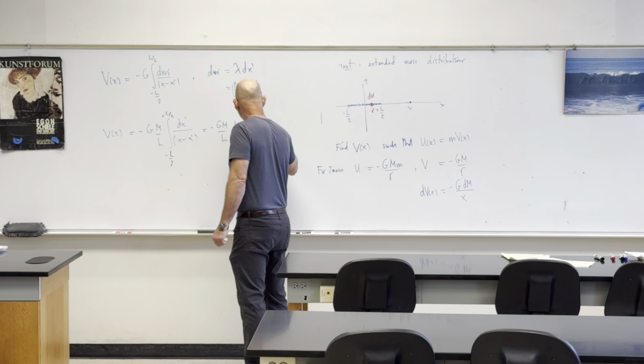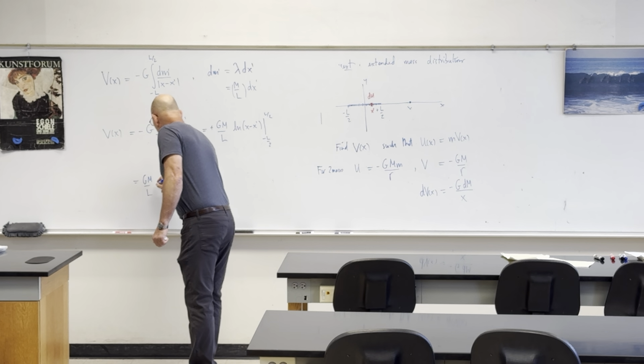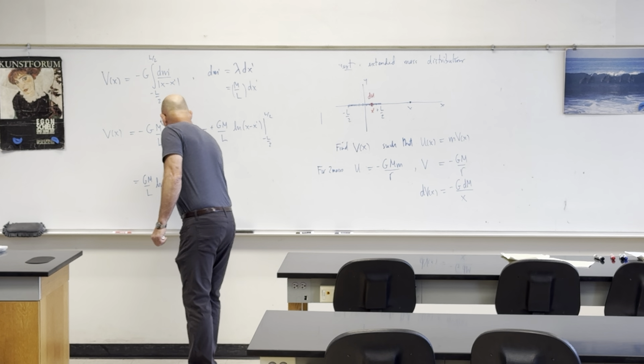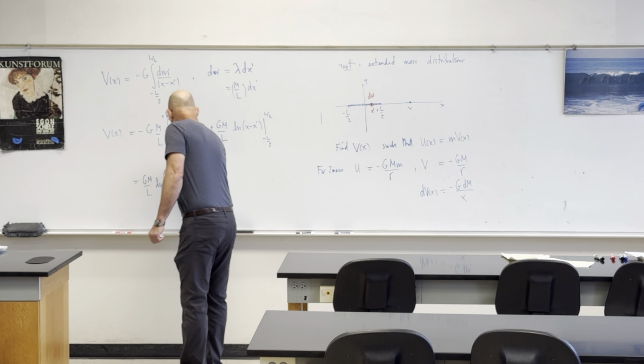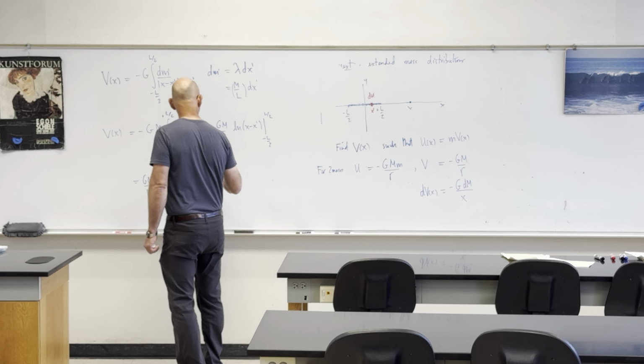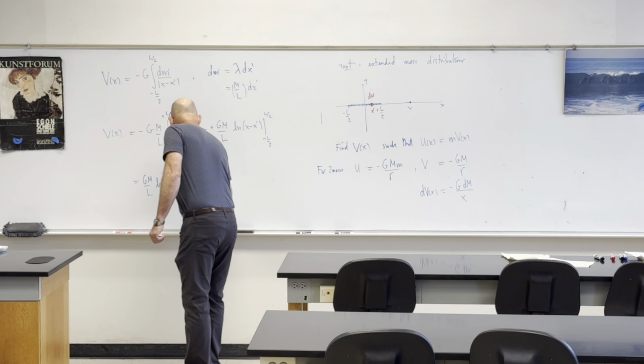And now we want to be careful here. So M over L, and we're going to write natural log of a big quotient. So we'll have x minus L over 2, and then x minus negative, or x plus L over 2.